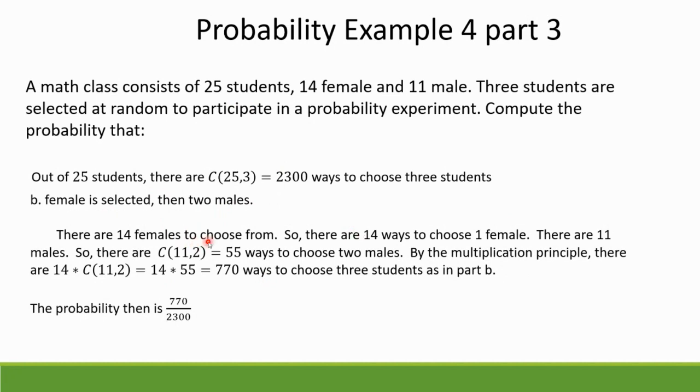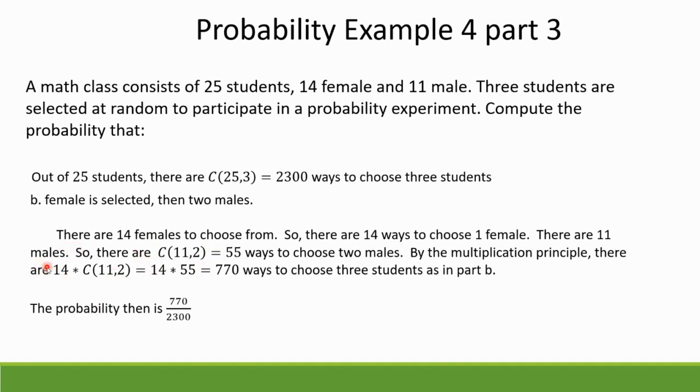Now there are 11 males, and we're choosing 2 of them, so we're going to use combinations, just like with the previous slide. The total number of ways we can choose 1 female and 2 males, we take the product.